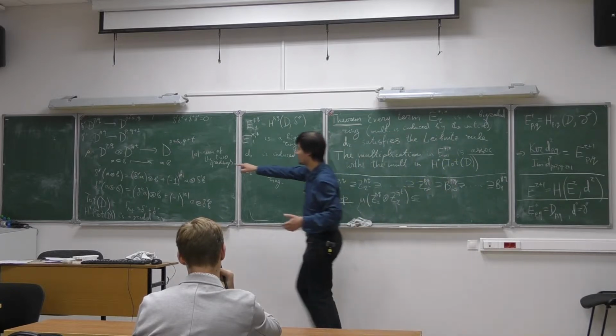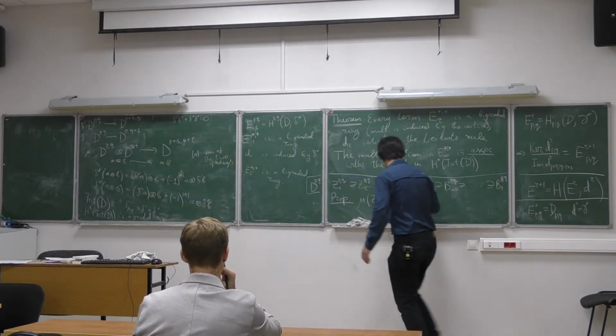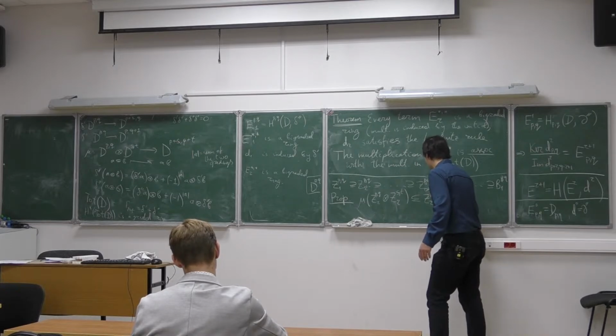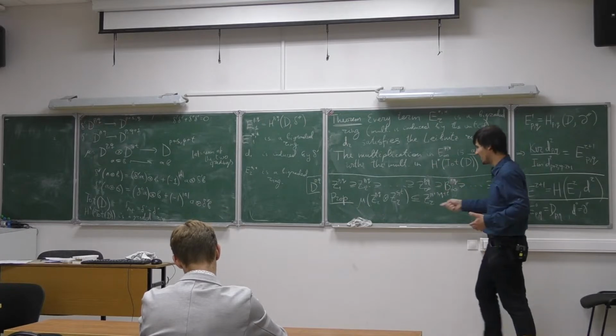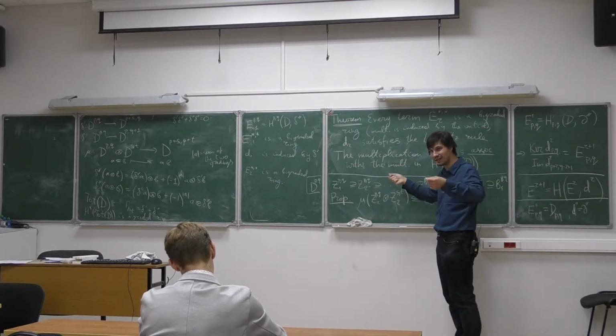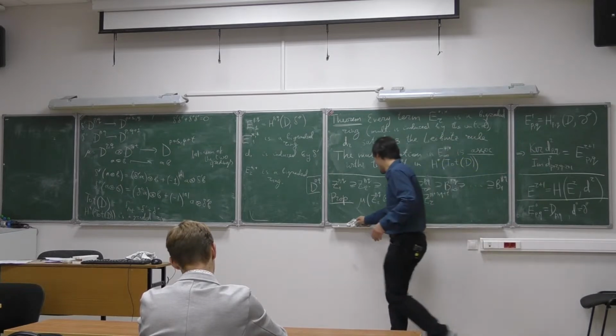So we have multiplication in this D, but it satisfies the following property: the product of two elements, each of which is a cycle of level r, is again a cycle of level r.